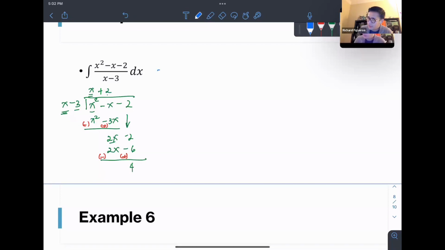So therefore, we can now write this one as the integral of the quotient, which is x plus 2, then plus the remainder. Ang remainder natin is 4. Okay? So divide it with x minus 3. So quotient plus the remainder divided with x minus 3, the divisor.